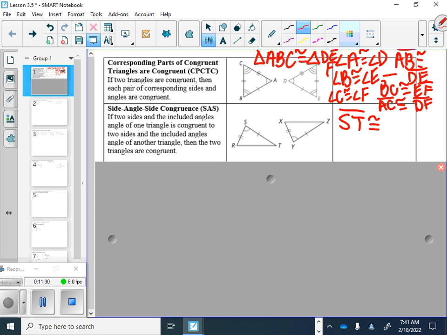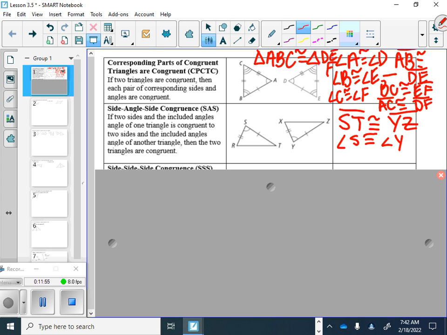YZ. Good. Notice I started with the angle. That's got the one arc. I got to start with the same thing over here, and then they both have one tick mark. So YZ. Perfect. So that's one side. This one should be real easy. Angle S is congruent to what? Y. Good. So angle S and angle Y are congruent to each other.